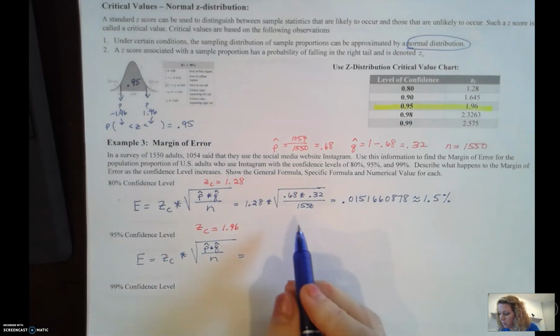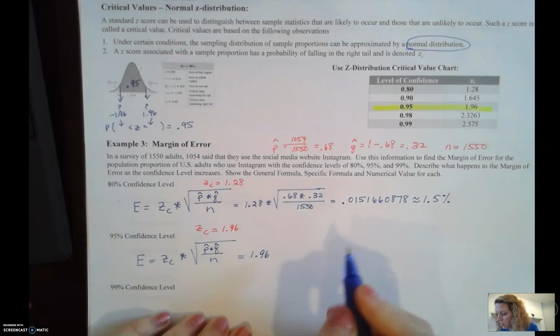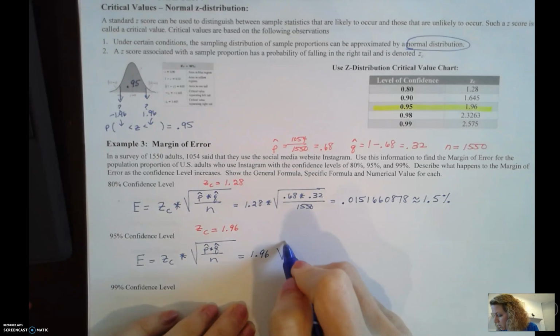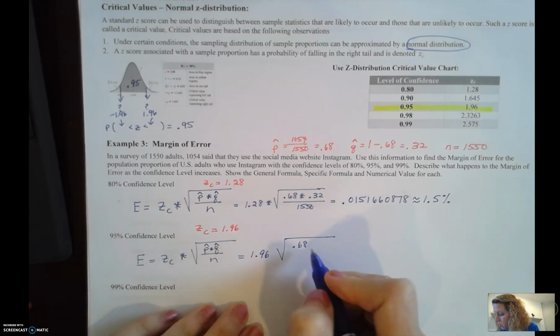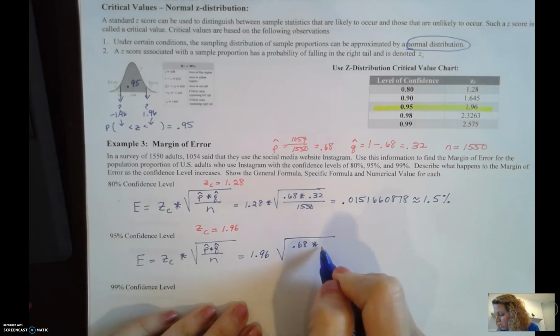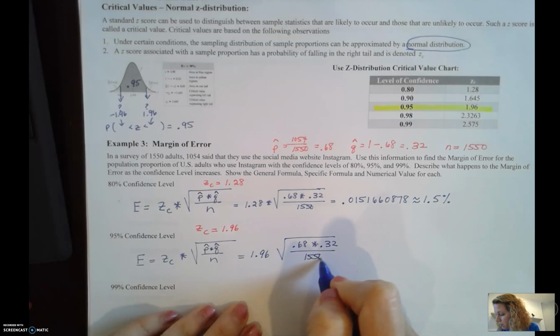The only thing that's different in the problem is we are going to substitute 1.96 in for the Z critical value, and the p hat and q hat stay the same. So it's going to be times the square root of 0.68 times 0.32 divided by 1,550.